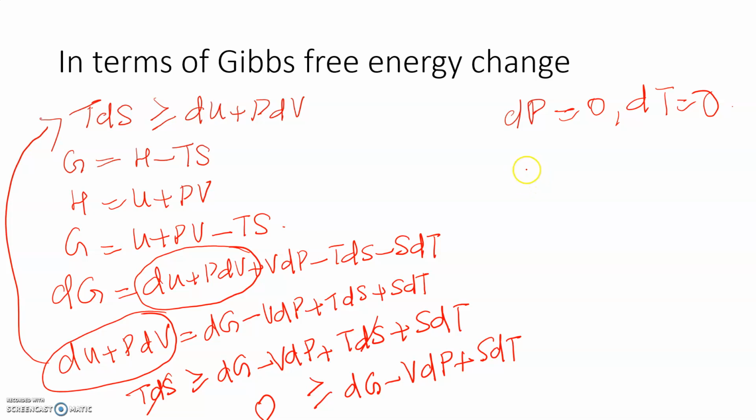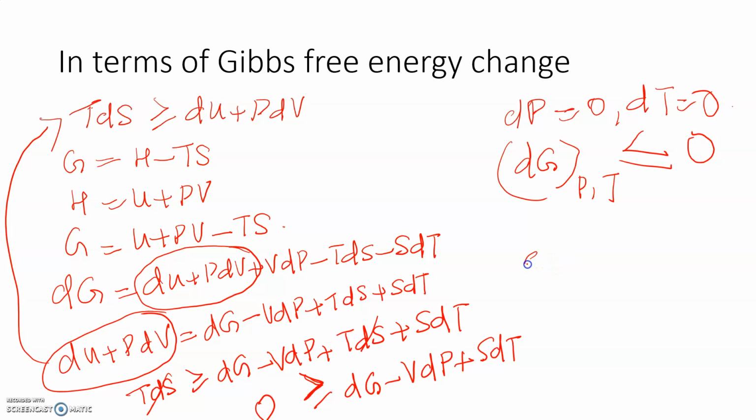Then the criteria becomes: dG at constant pressure and temperature is less than or equal to 0. The other terms become 0.